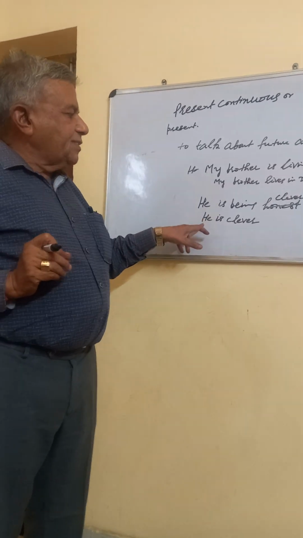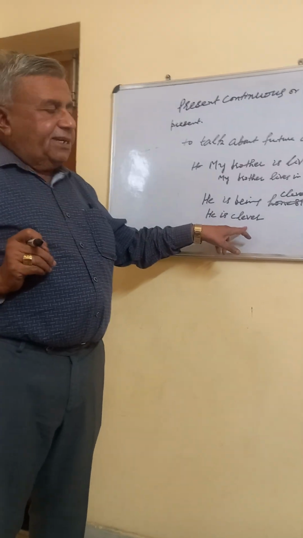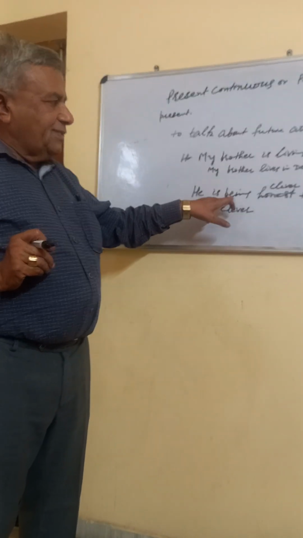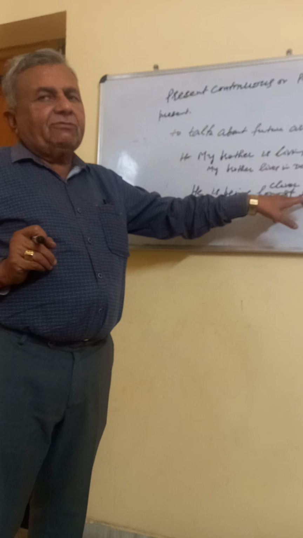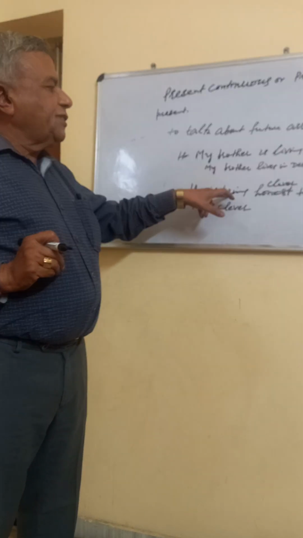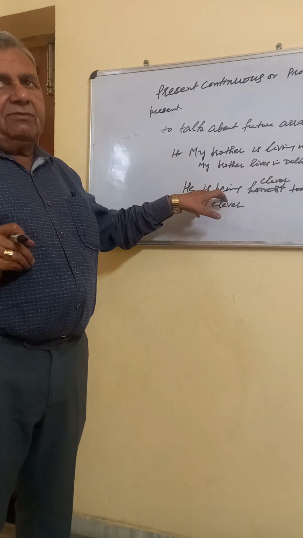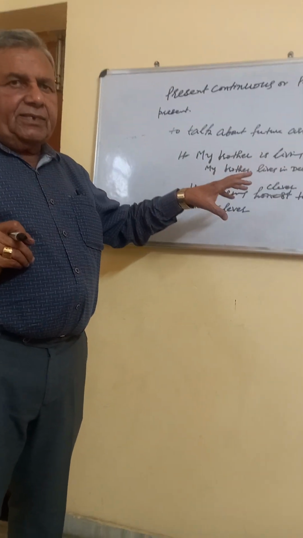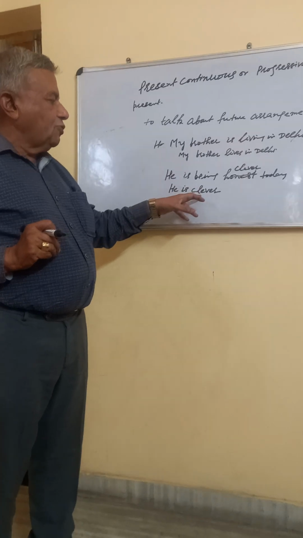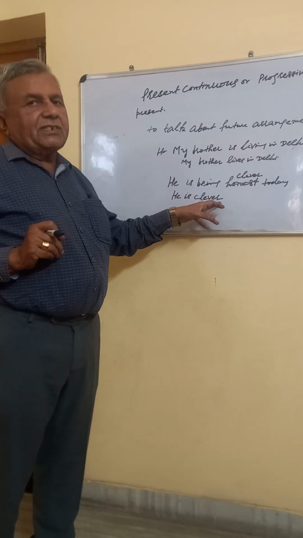He is clever by nature, by temperament. But when we use continuous tense, it means that he is not in general a clever person, but today, due to some reason, he is posing to be clever. So being clever shows some temporary change in nature, whereas present indefinite shows the permanent features of his character.